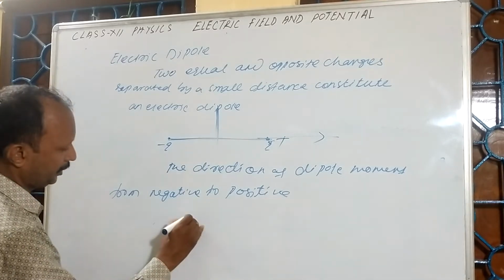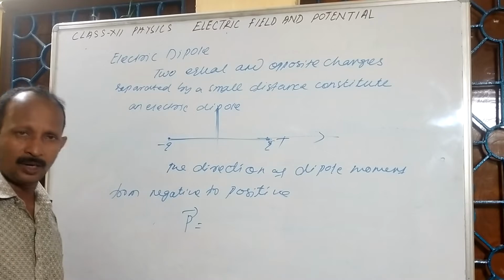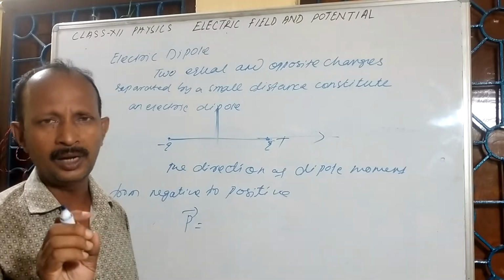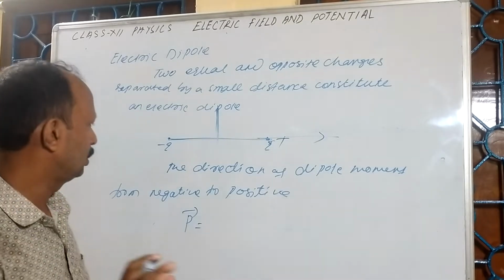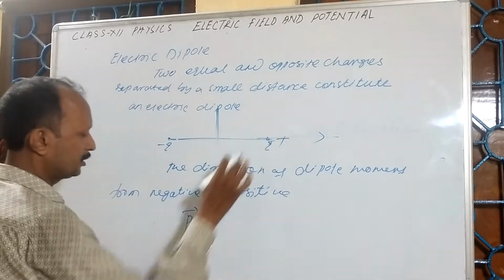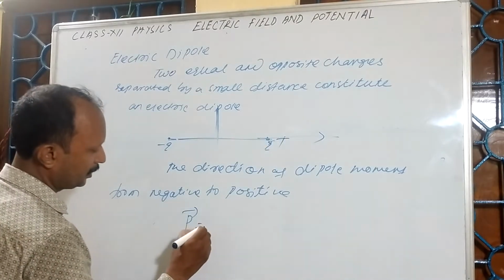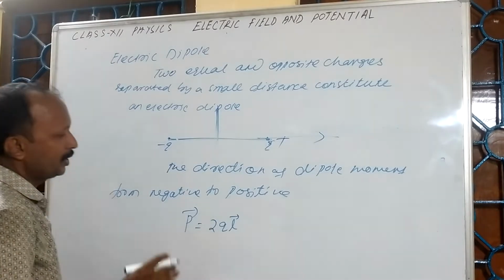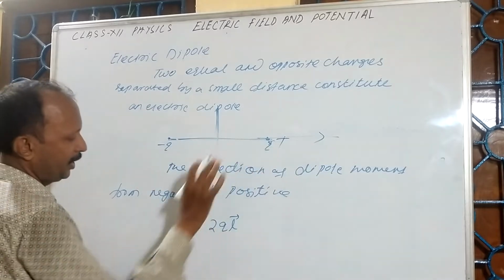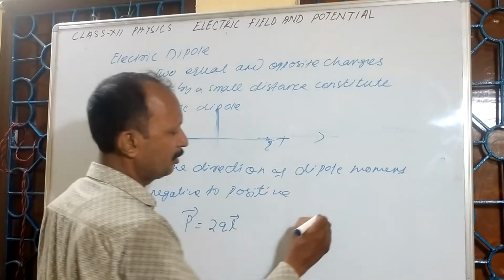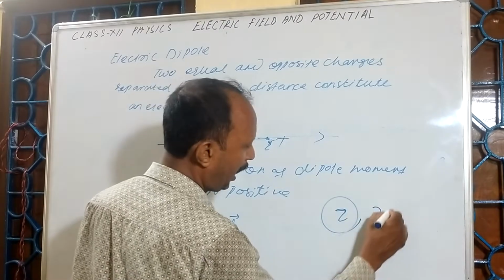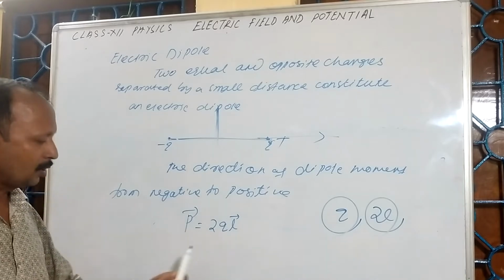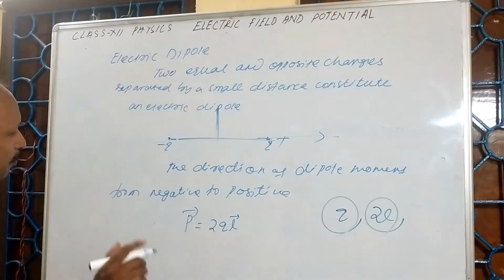Mathematically, the dipole moment is the product of one of its charges and the length between the two poles, one the negative pole, one the positive pole. So this is the vector 2ql, the product of one charge q and its length 2l. This is the electric dipole moment.